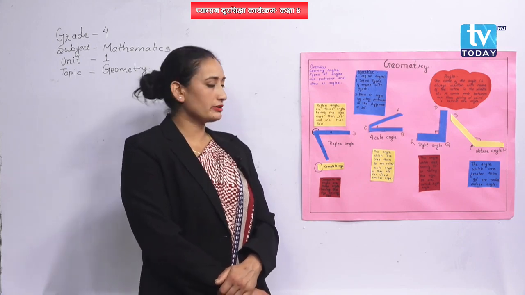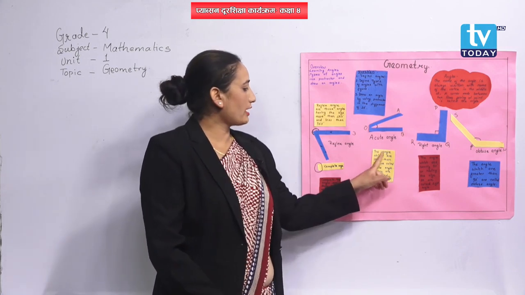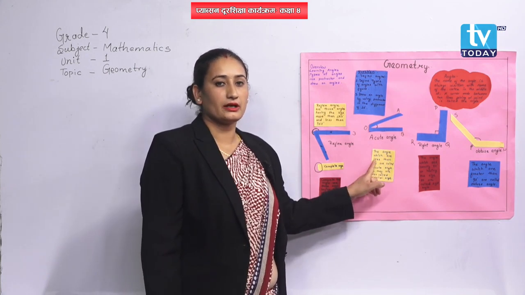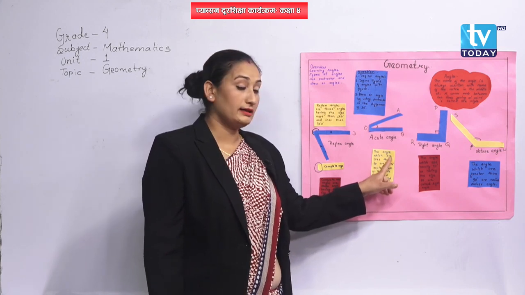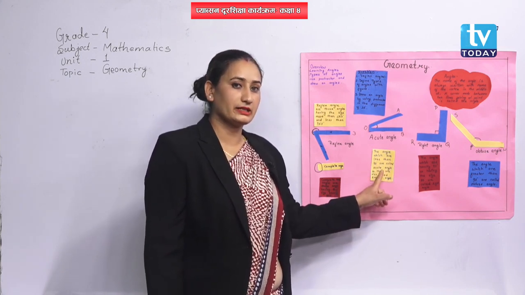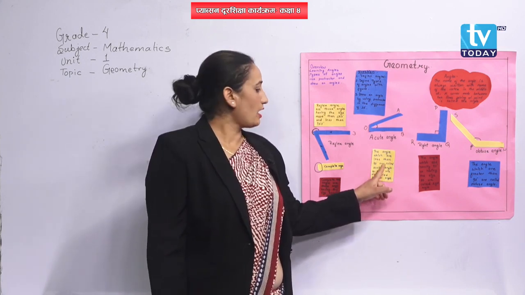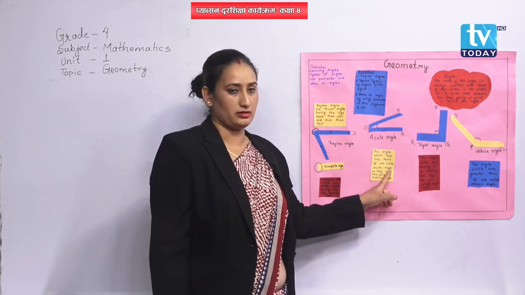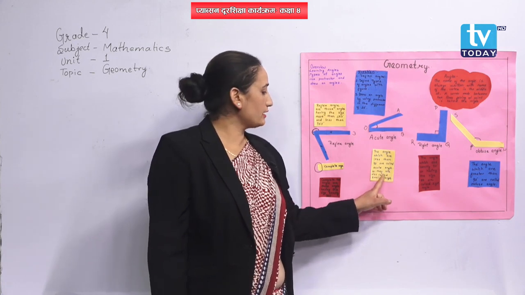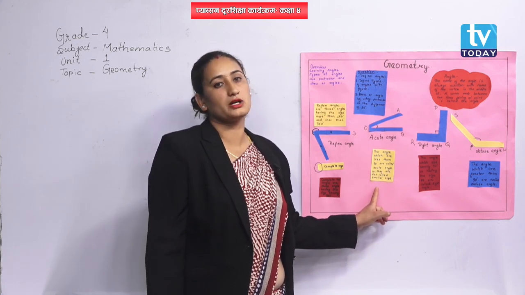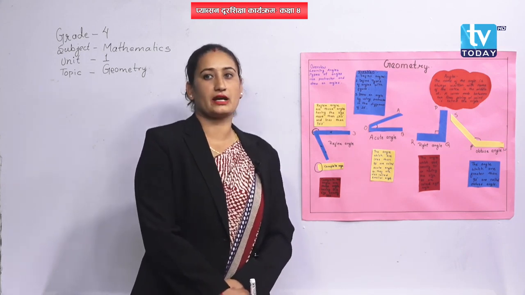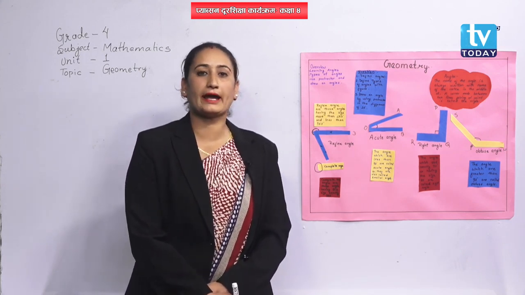The definition of acute angle: the angles which are less than 90 degrees are called acute angles. So they are also called smaller angles. Do you understand?